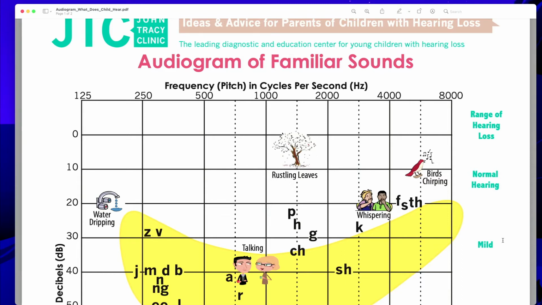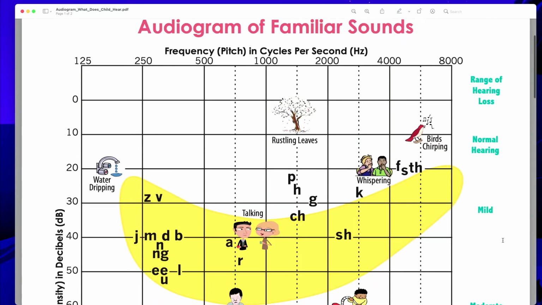And you can see in this area that rustling leaves and birds chirping and whispering are way up high. Water dripping, very low. That bloop sound is very low.